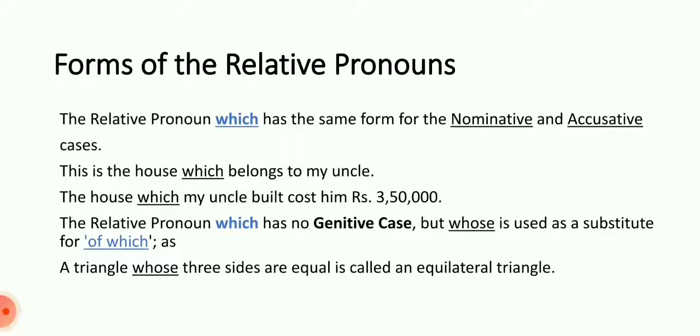Now if we elaborate this whose, we may say a triangle of which three sides are equal. Here whose replaced the words of which, and if we want to write of which, the same meaning will be conveyed, like a triangle of which three sides are equal.